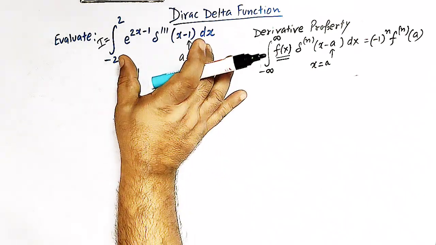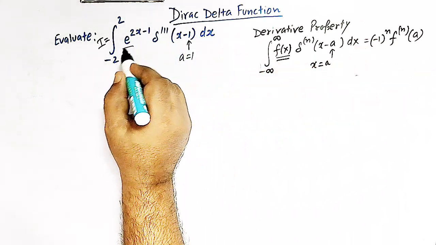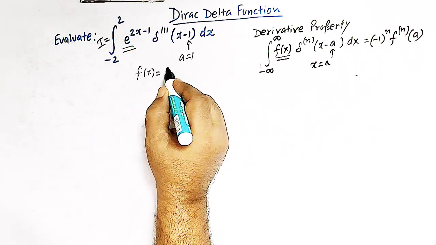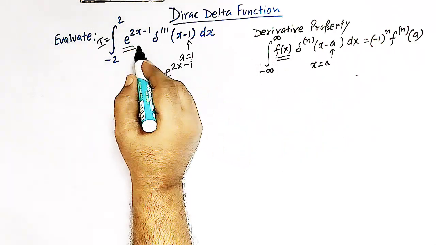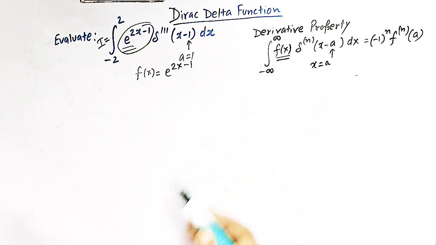Okay, so if we compare this integral with this one, then the function f of x is given by e raised to 2x minus 1. So this is our function f of x.